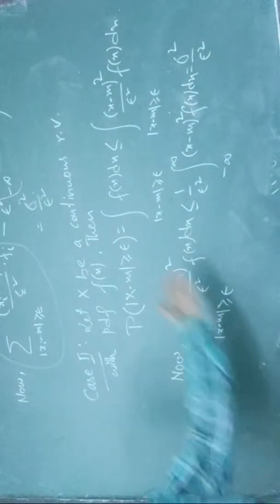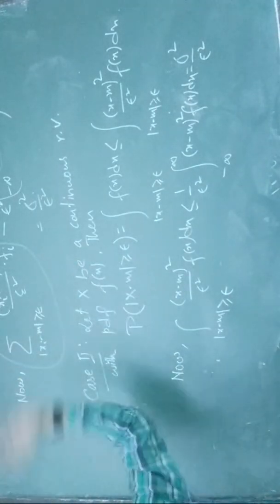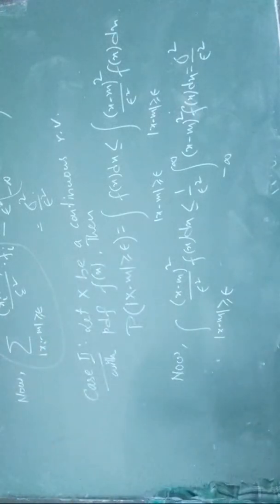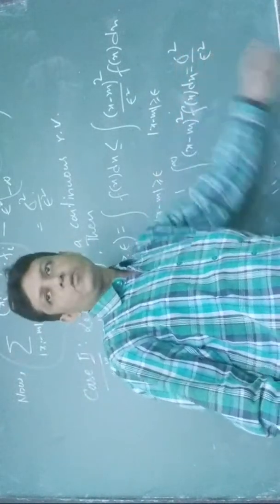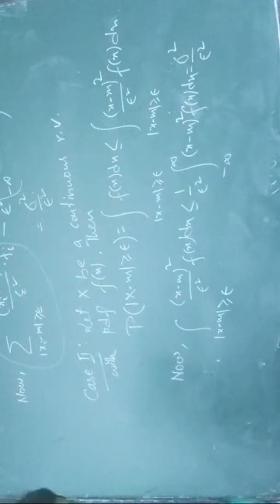Hence the same process, just with an integration sign instead of the summation. So probability of mod x minus m greater than or equal to epsilon is less than or equal to sigma square by epsilon square, for discrete and continuous.